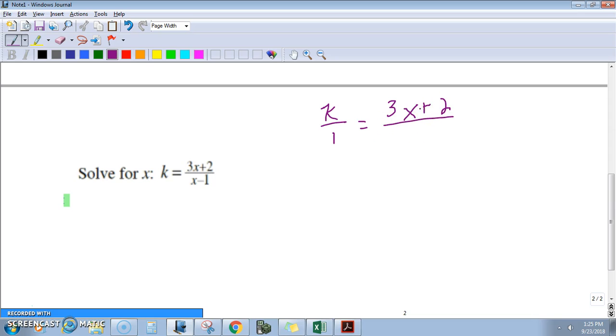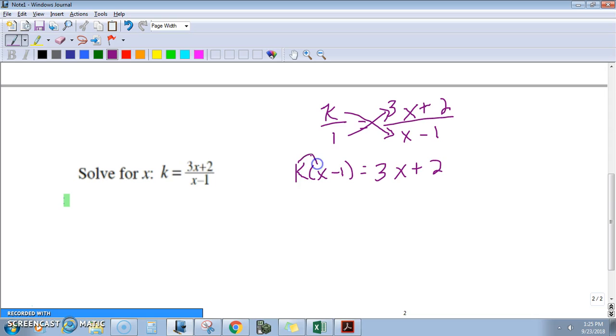Or you could just call it multiplying by the denominator, but sometimes it's easier to think about this. So I'm going to do k times x minus 1 equals 1 times 3x plus 2, but that is just going to be 3x plus 2, right?